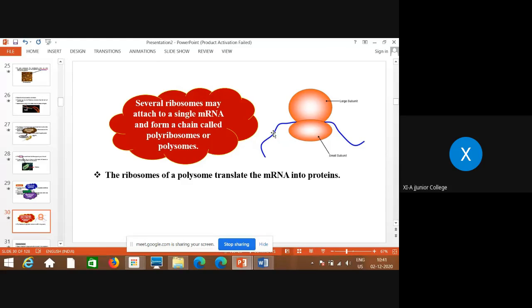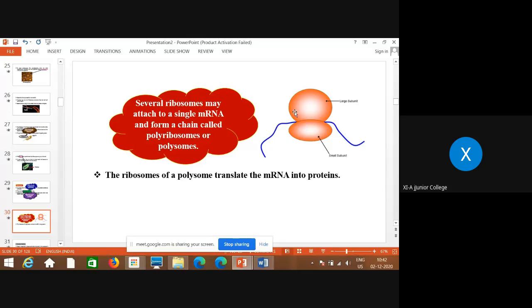Now this is mRNA, the thread-like blue-colored structure. This is a single ribosome. Like this, many such ribosomes come close and get attached to the single mRNA. This chain of ribosomes on mRNA is called polyribosomes, or polysomes.